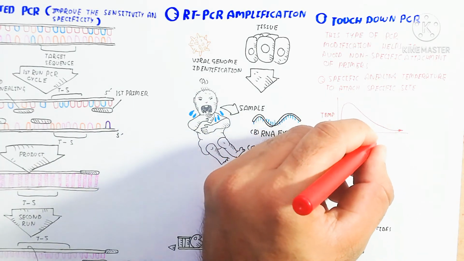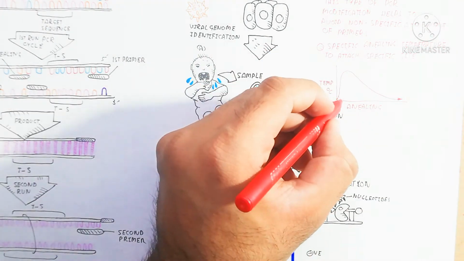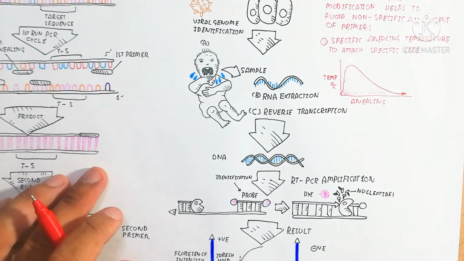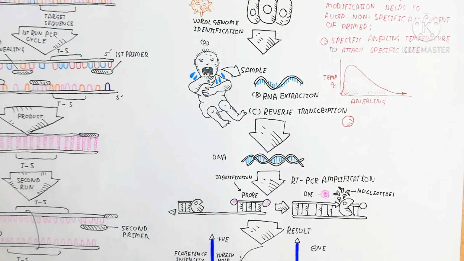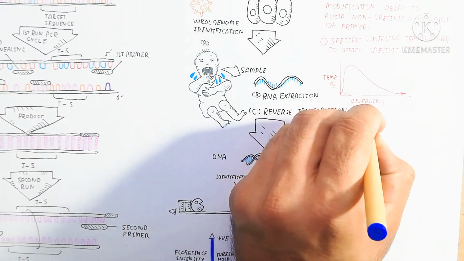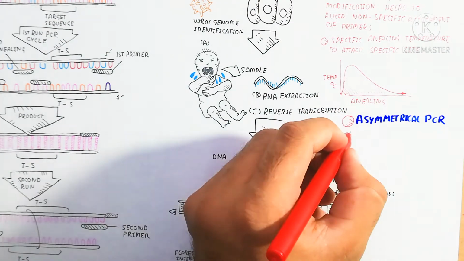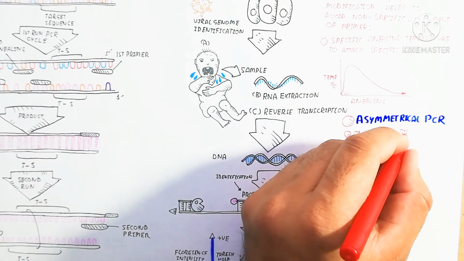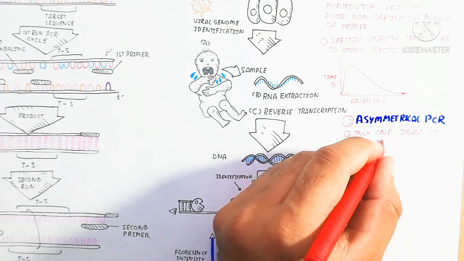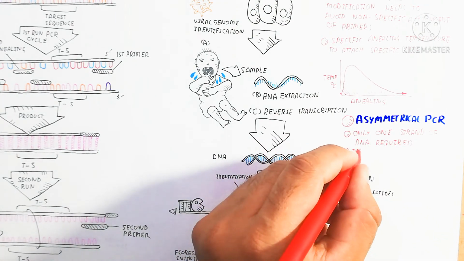So that means gradually decreasing the temperature used for the annealing process, to the desired segment of the primer that is added.